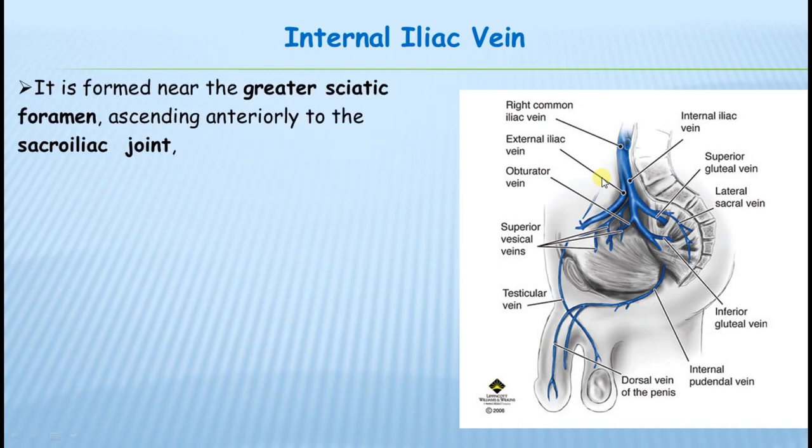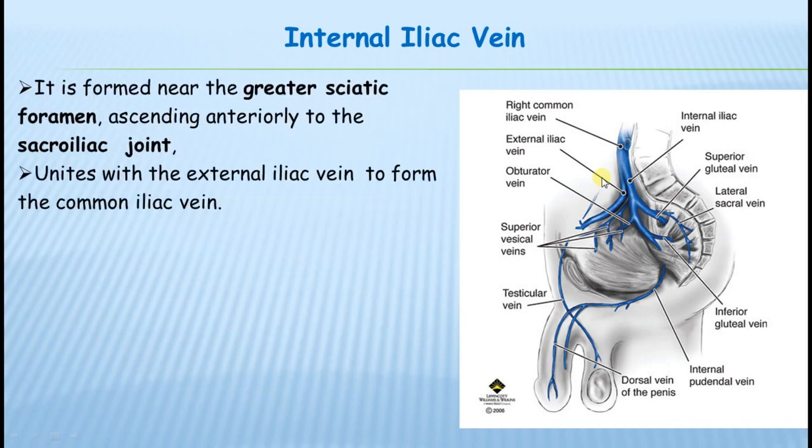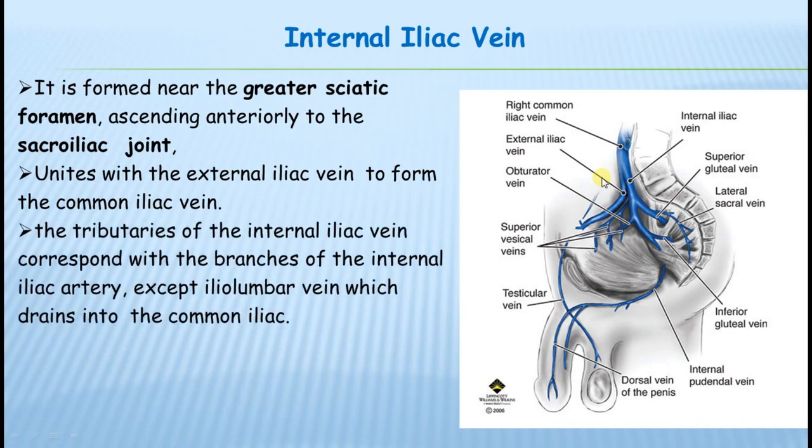So the tributaries mainly correspond with the branches of the internal iliac artery, except the iliolumbar vein, which drains into the common iliac vein, and one more, the umbilical vein.